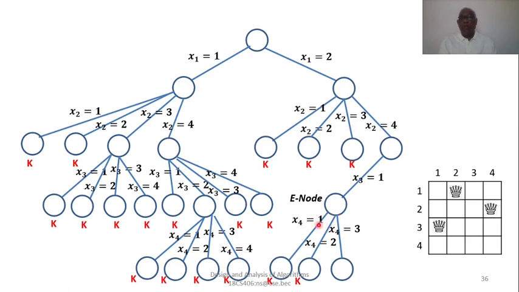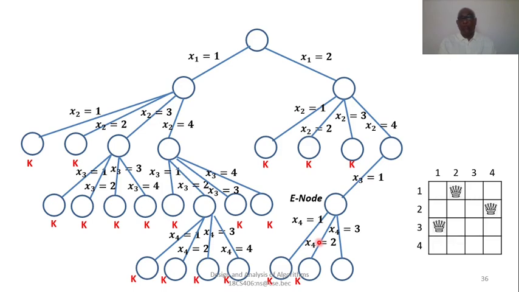we build its children by choosing the values of x4. But unfortunately, x4 equal to 1 and x4 equal to 2 violate the bounding function as shown in this diagram. x4 equal to 1, x4 equal to 2.